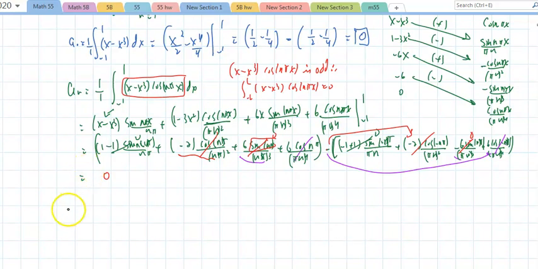Well, for b sub n, that's not going to happen. That's 1 over 1, the integral from negative 1 to 1 of x minus x cubed, the sine of n pi x dx.